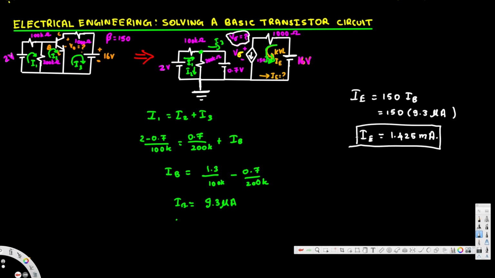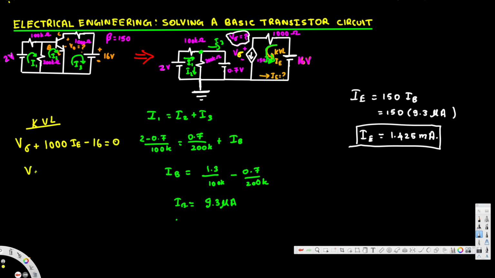Then we have to find out what V sigma is. V sigma is here. To find V sigma, we can use KVL in this loop. Apply KVL in this loop. So V sigma plus 1000 IE minus 16 is equal to 0.